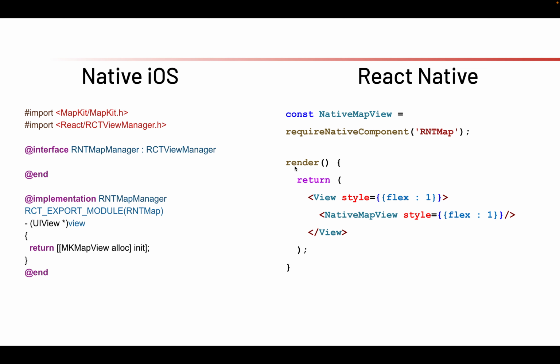Inside the render method, I return one View component with flex 1. Inside this I render this native map view with flex 1, so it will show this map on the full screen. In this way I am using the native iOS MKMapView component, which renders the Apple map, directly in the React Native application.